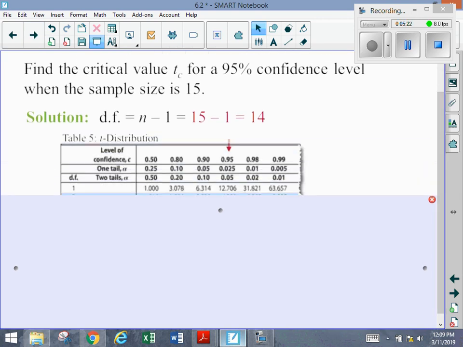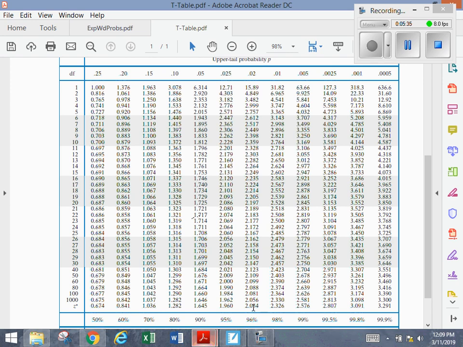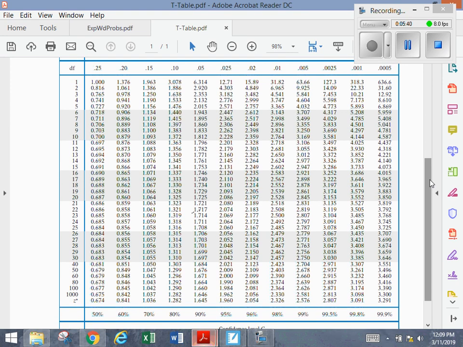So this slide has an interesting illustration. I'll also get out my table and we can look at it. So the confidence level is 95%. Actually our table looks a little different. I like our table better. So we have a confidence level of 95%, so we're going to go down here to 95%.